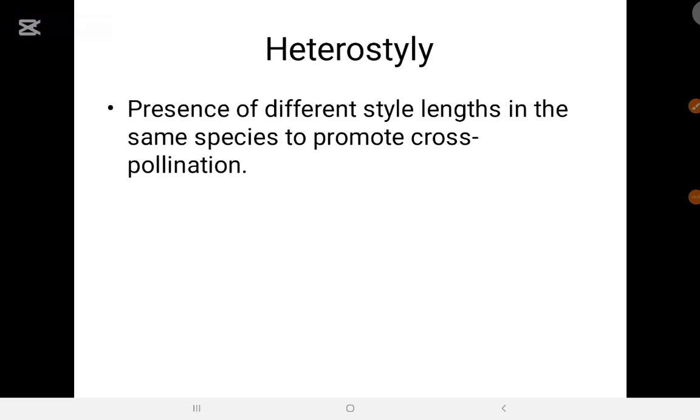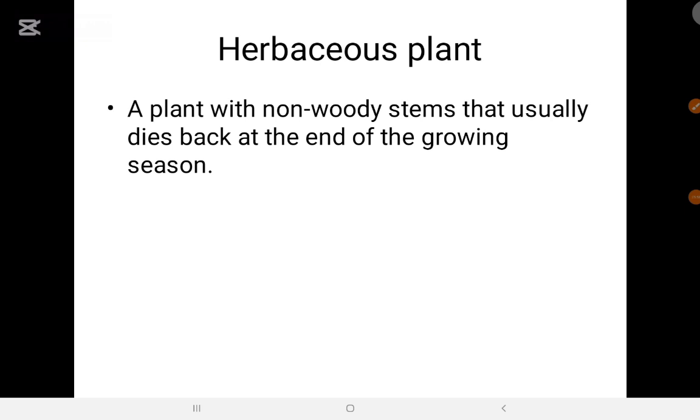Now, heterostyly is the presence of different style lengths in the same species to promote cross-pollination. Because of this, the plants cannot pollinate themselves, so cross-pollination is the only open option for that flower.